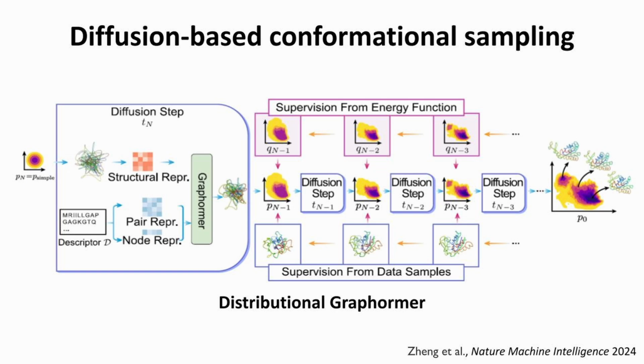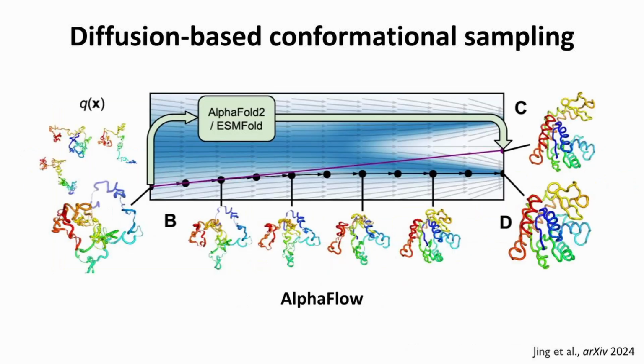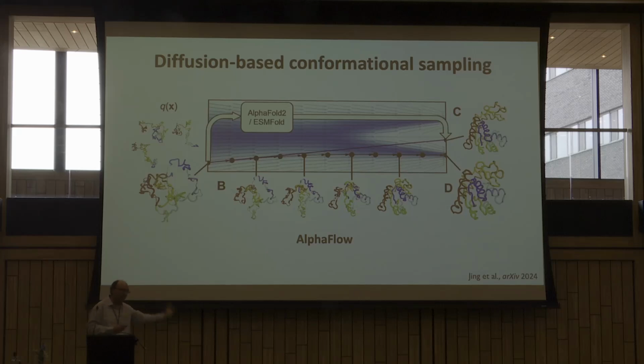The most recent work in this vein is AlphaFlow, which I think is the most promising in a way. Again, same principle, condition on AlphaFold 2 representations and induce a diffusion run. And at least in this case, when they trained on MD data, that was very short time horizons, not particularly long MD data, they did seem to be able to recapitulate, and also generalize to new proteins, but also on those short time horizons.